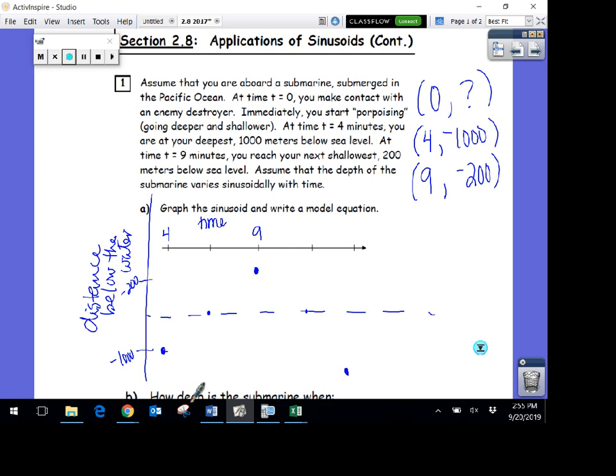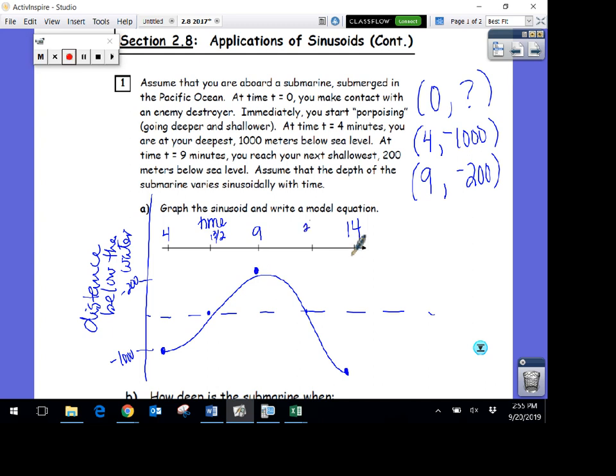So we can draw our graph, but we still need to plug in some stuff. We need to figure out some more things here. If it took 5 seconds to get from low to high, then it's going to take 5 seconds to get from high to low. So that's going to be 14. And then we have 13 over 2 for 6.5.